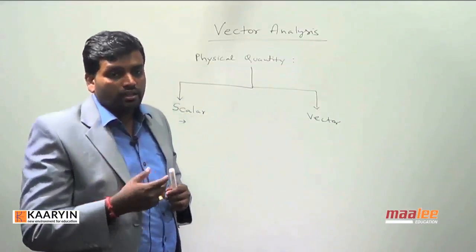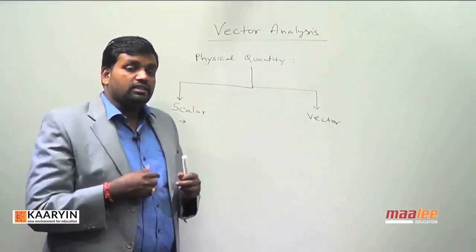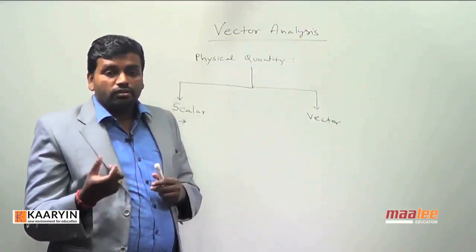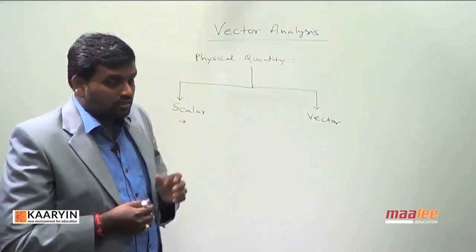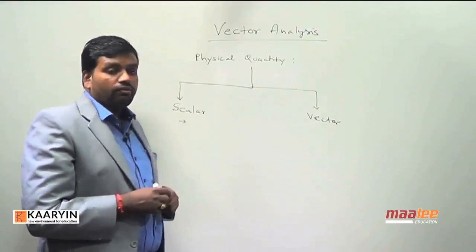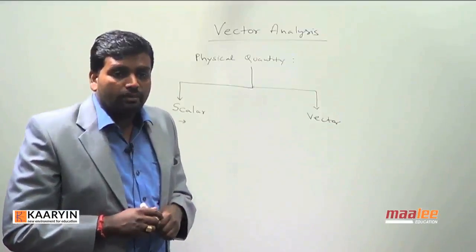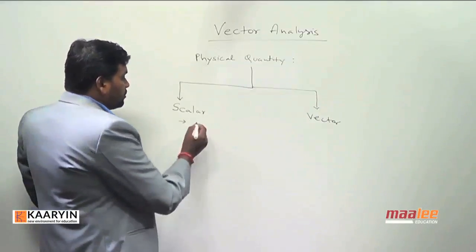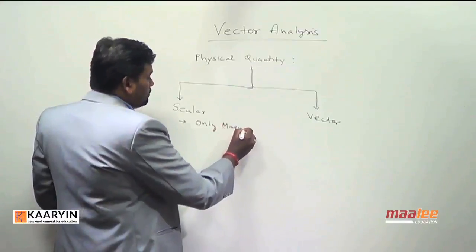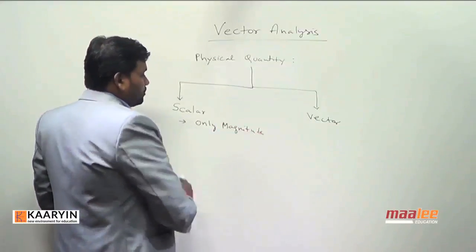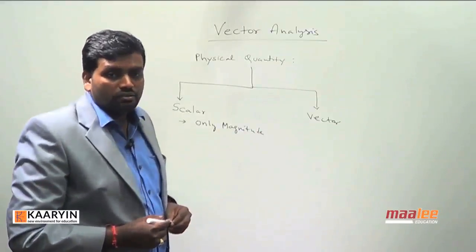Magnitude is 3. If I say today I studied for 3 hours, what is the magnitude? 3. Means 3 is the numerical number, and that numerical number is the magnitude. So, if a physical quantity only has magnitude, we say that quantity is a scalar quantity, only magnitude. So, that quantity is known as scalar quantity.